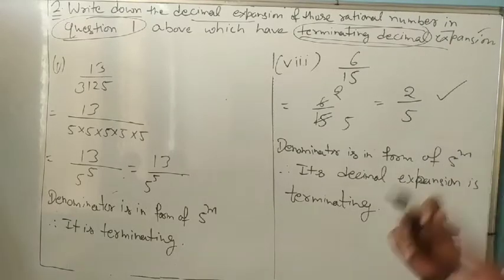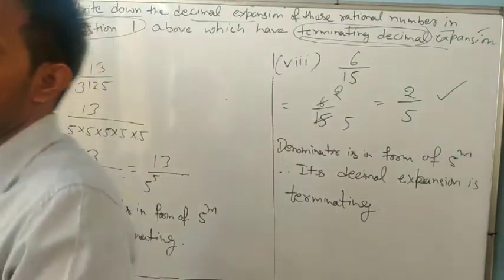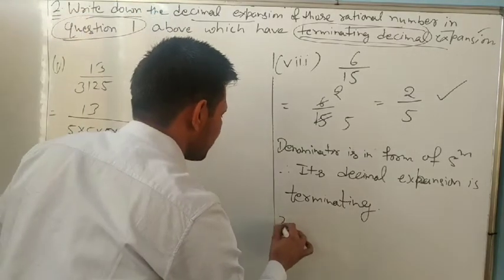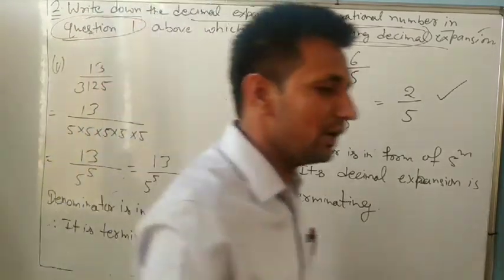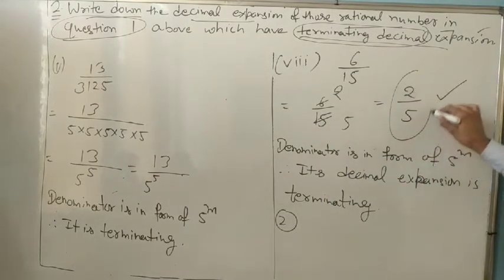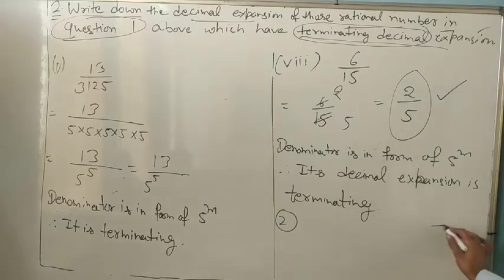Look at, there are 2 methods to write it. Suppose it is question number 2. If you want to write its decimal expansion, decimal expansion means write in decimal. So what will we do? We will divide by long division.